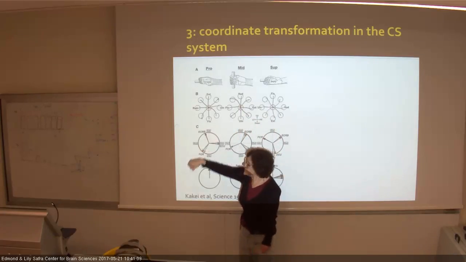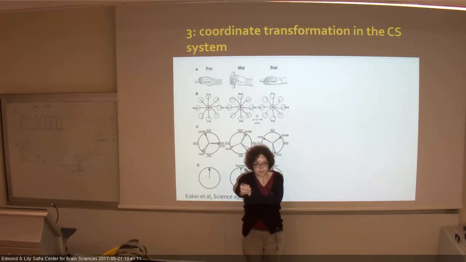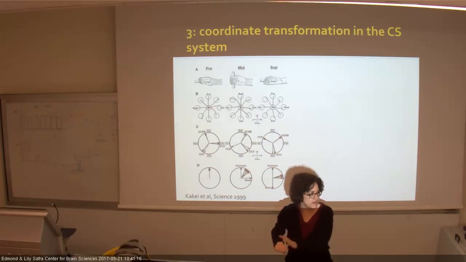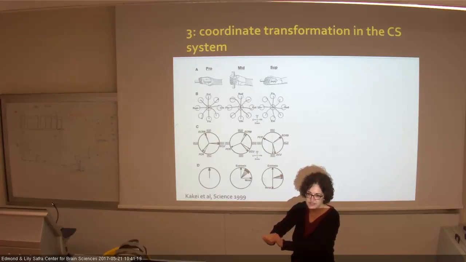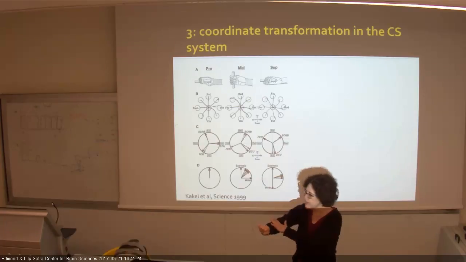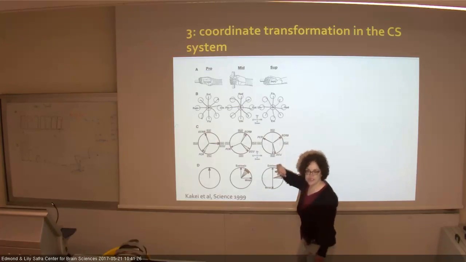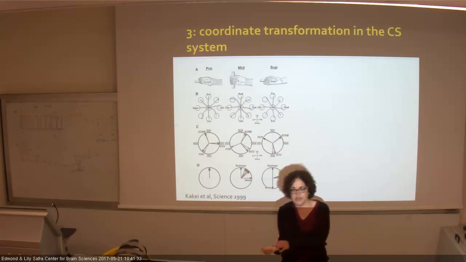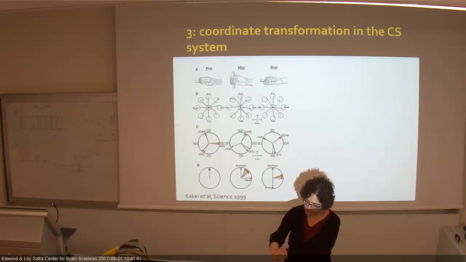In pronation, in order to get to the upper target, what type of muscles do you need to activate? Extensor. Okay, you generate extension. So these are extensor muscles. Now, to get to the same target during supination, what you need to do is generate flexion movement, right? So this is a flexion. These are all the flexors.